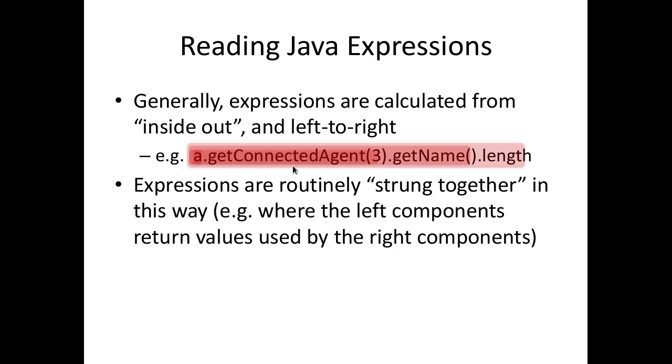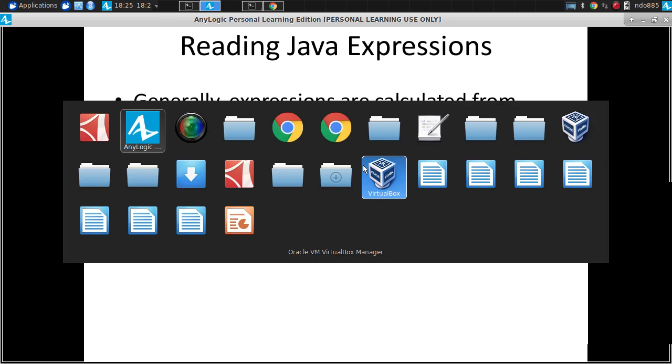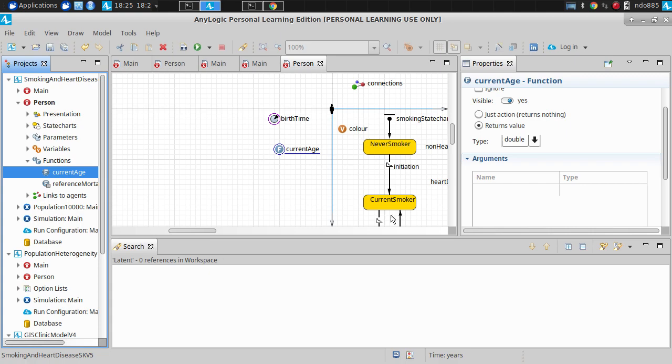Okay? So we write these kind of nested expressions a lot. You saw it today from time to time. You saw it when we were writing expressions that computed some values. We saw it yesterday when we asked for someone's current age.